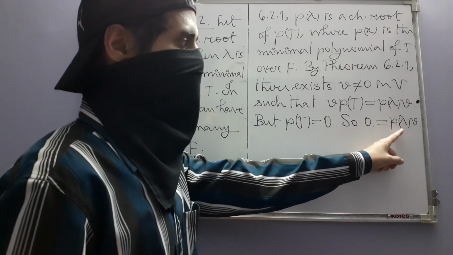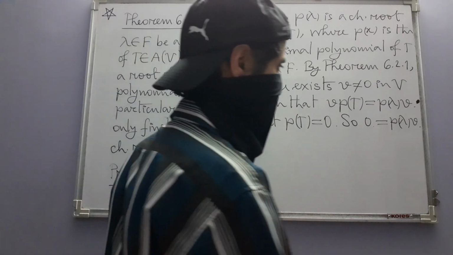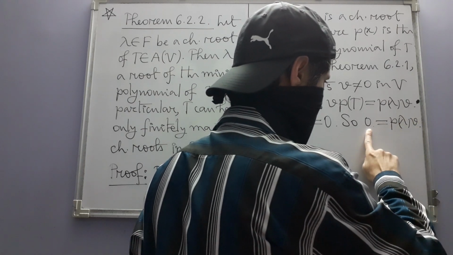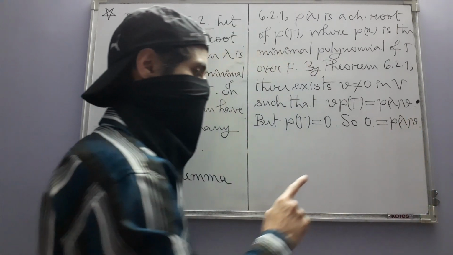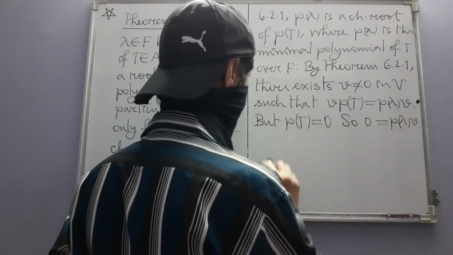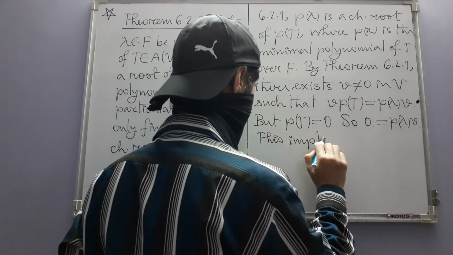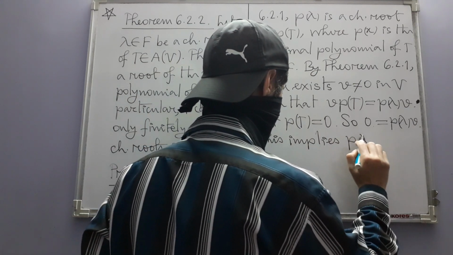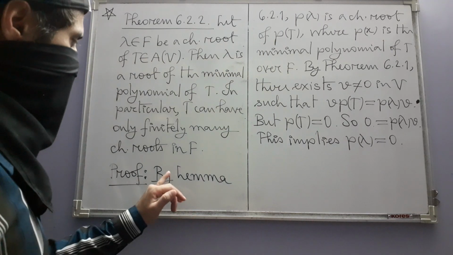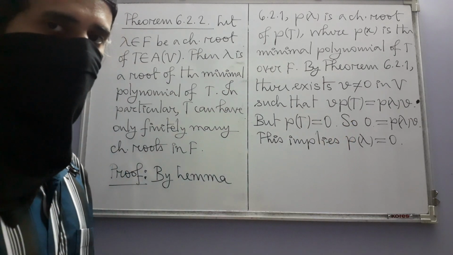We saw when we were introduced to vector spaces for the first time that a scalar multiple of a vector, if it is 0 and the vector is non-zero, then the scalar has to be 0, and here our vector is non-zero. So this implies that P of lambda is equal to 0, and that's how our characteristic root lambda is a root of the minimal polynomial P as well.